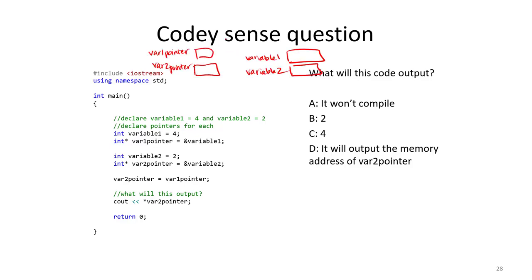So notice what I have in this program. I declare variable 1, and I initialize it to contain the value 4. I also declare int var1 pointer, and I initialize it to hold the memory address of variable 1.